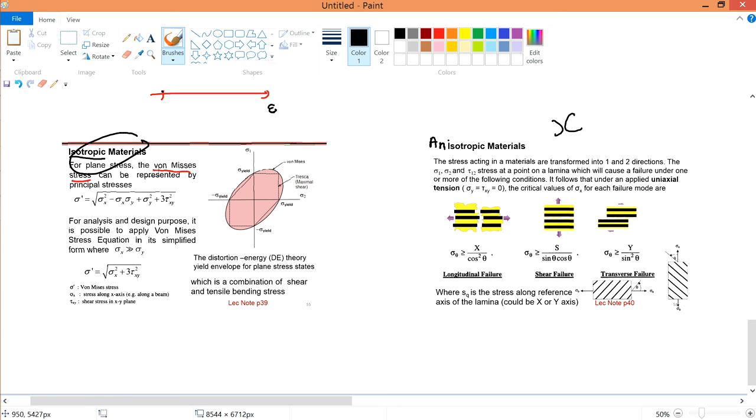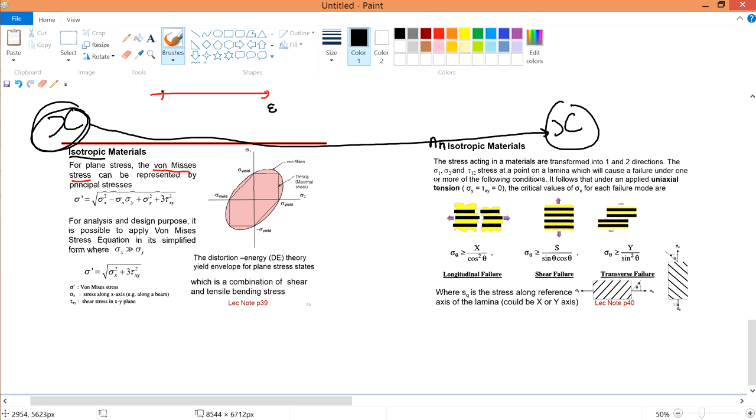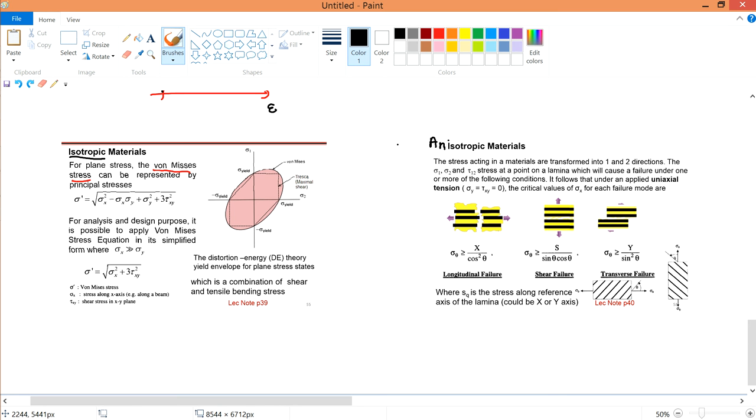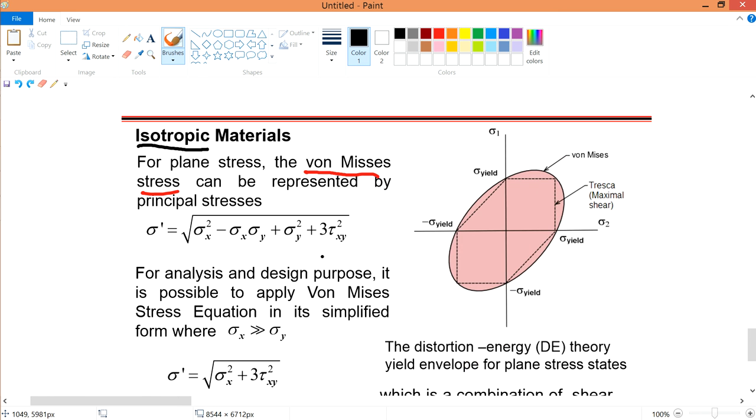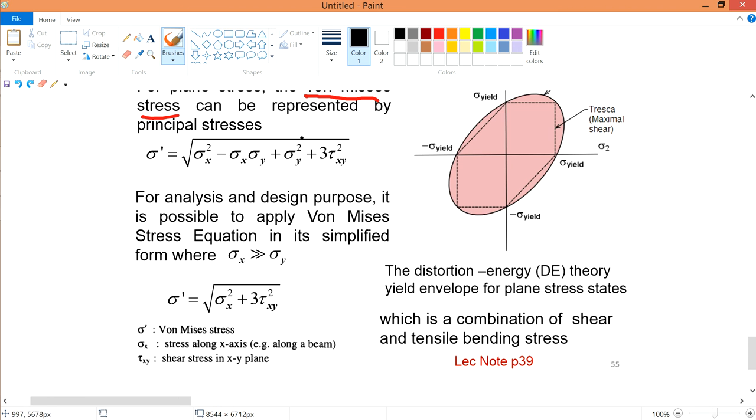So for isotropic, in order to compare with anisotropic material, you also want to take the strength in the x direction and compare with the strength of the anisotropic material in the x direction also, to see what is the difference and to also see which type of material is advisable or recommendable for use.